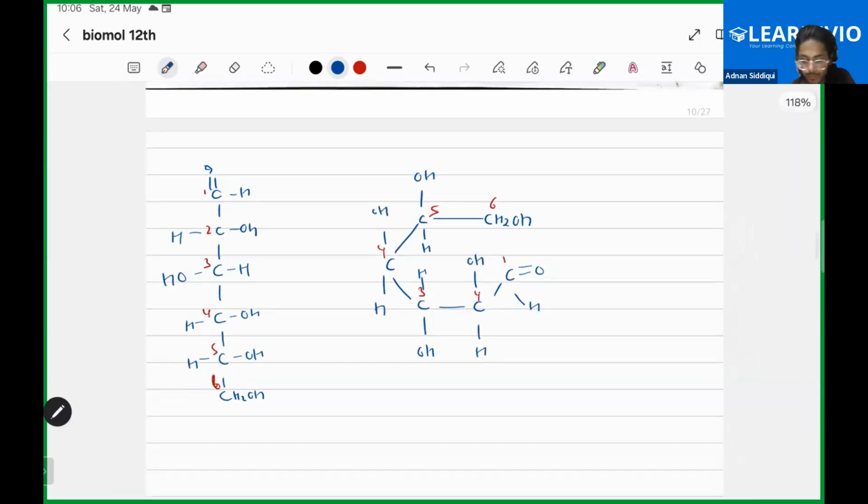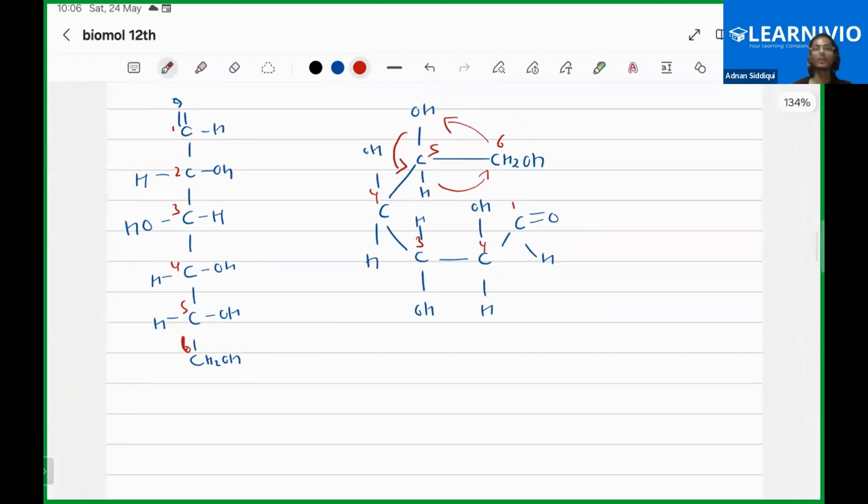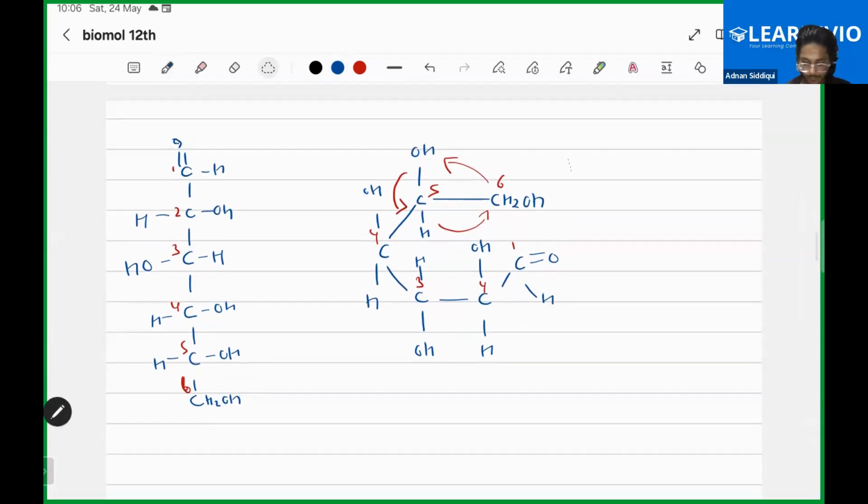Now what are we going to do? We are going to rotate this. Suppose this CH2 group will go there, and this OH will come here like this. We are rotating this; why, you will understand. Is this clear, what we are doing? We are replacing CH2 with OH and H simultaneously, rotating this thing. So what will happen?